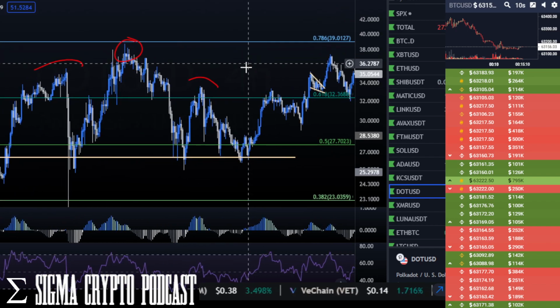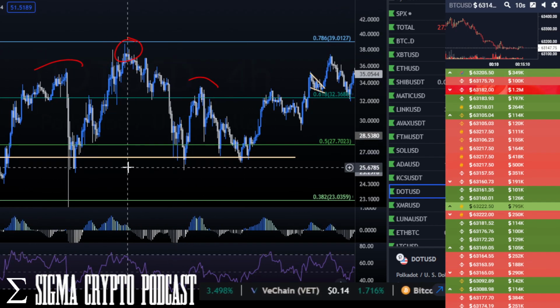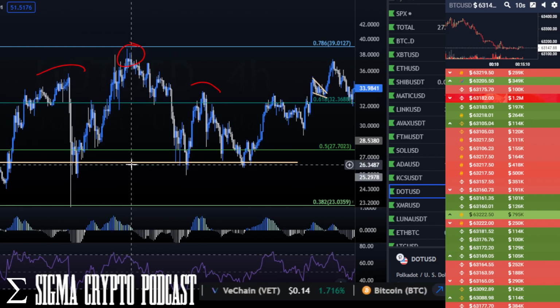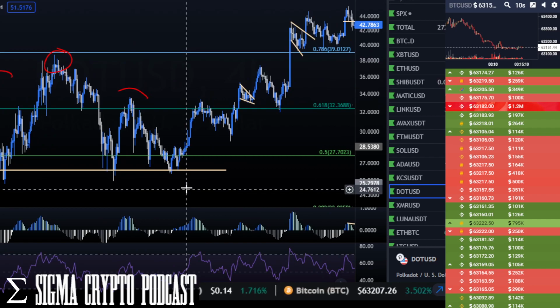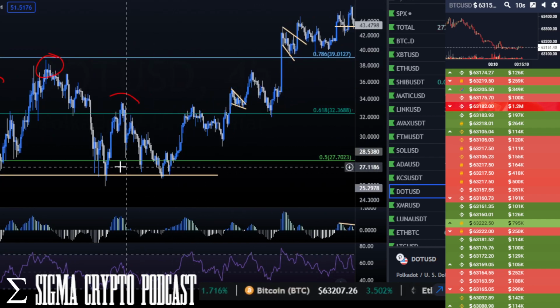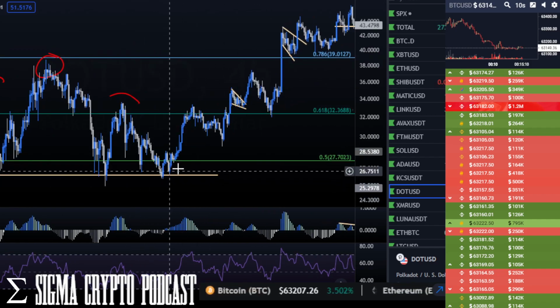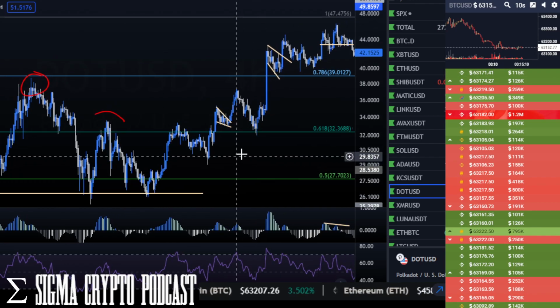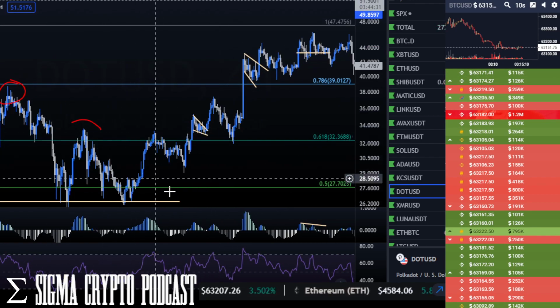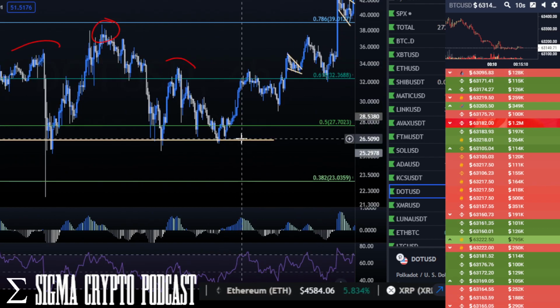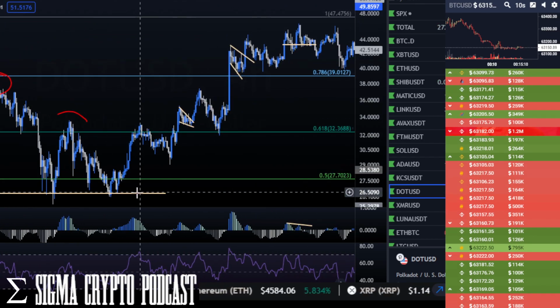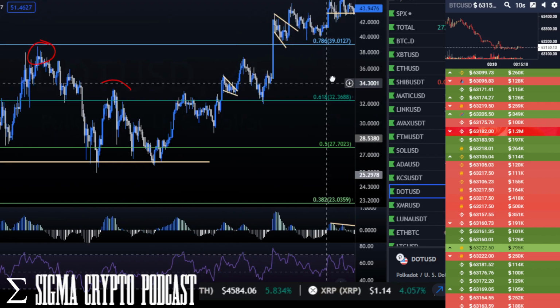That's exactly what happened. It solidified this as support here at the $26 level, and it bounced hard off of that neckline.